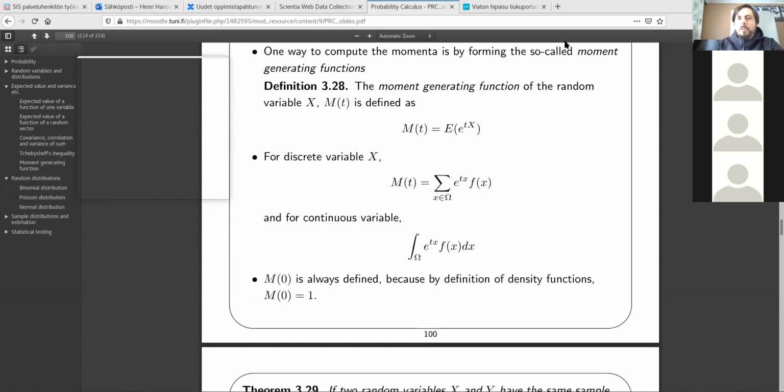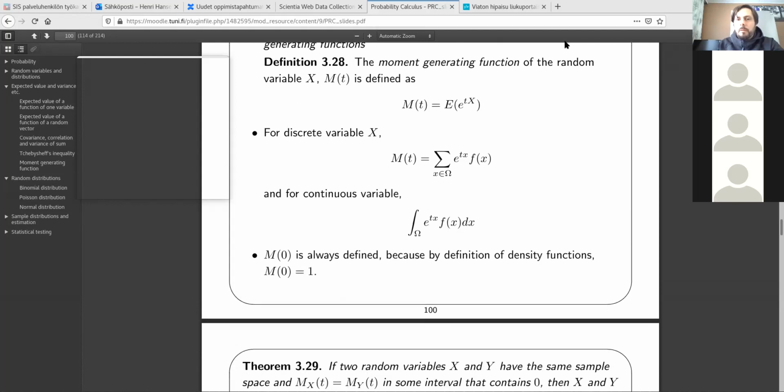So the moment generating function can be thought of as a transformation where we take the expected value of an exponential version of the original random variable. The random variable is x. We define the moment generating function M(t) as the expected value of e to the tx. For a discrete variable, this can be calculated with a summation.